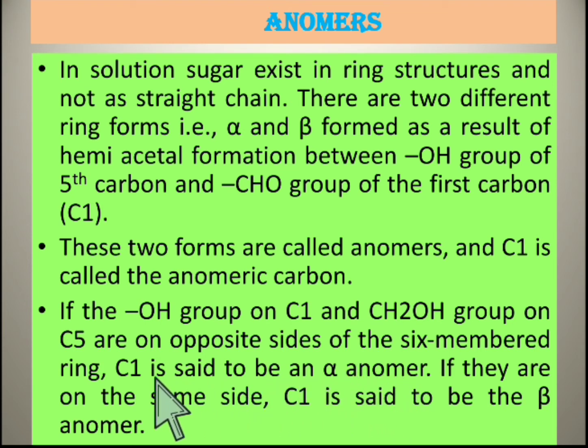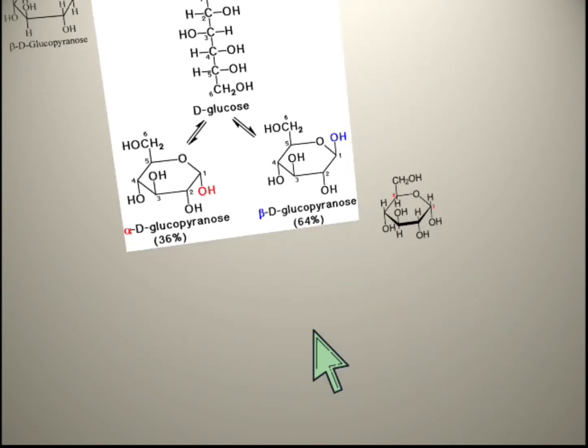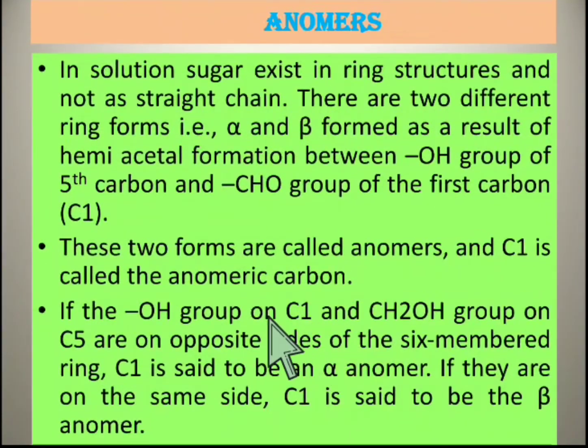But if they are on the same side, carbon 1 is said to be a beta anomer. So the 6-membered ring structure which is formed depends on the arrangement of these two, the OH group and the CH2OH group.